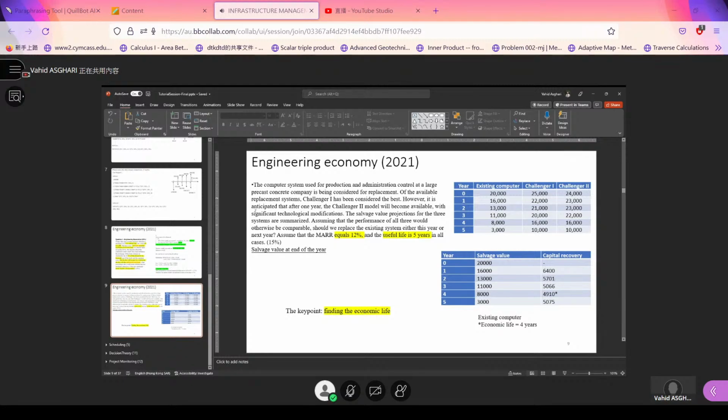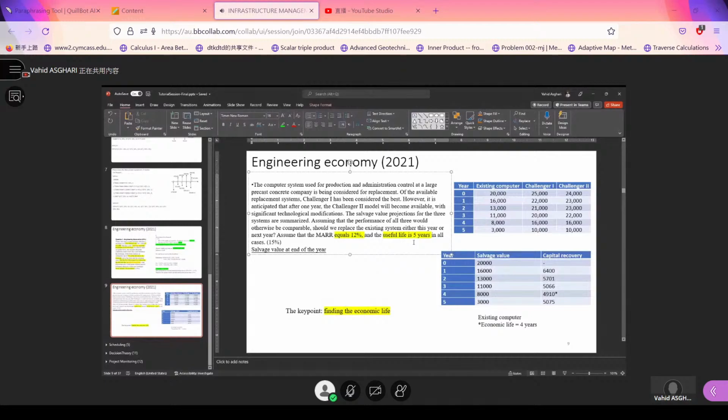However, it is anticipated that after 1 year, the Challenger 2 model will become available with significant technological modifications. The salvage value projection for the three systems are summarized, assuming that the performance of all three would otherwise be comparable. Should we replace the existing system either this year or next year? Assume that the minimum attractive rate of return equals 12% and the useful life is 5 years in all cases.